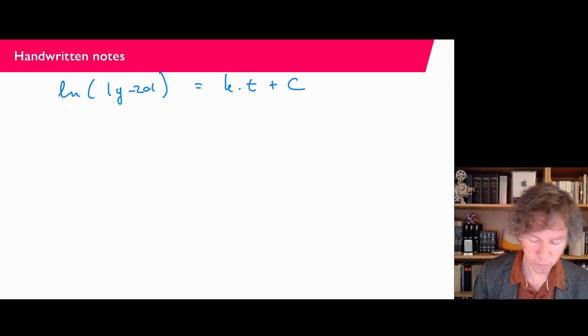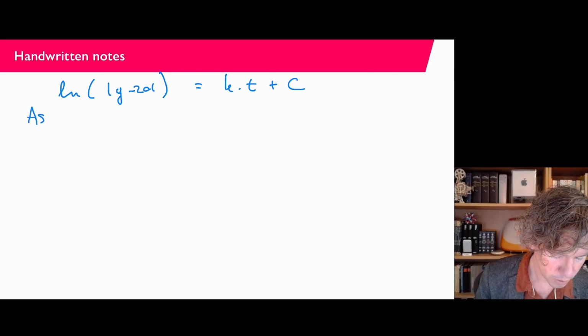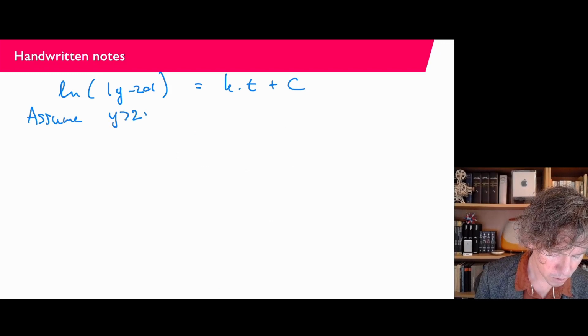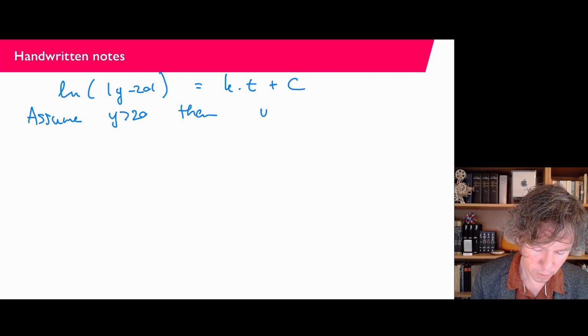I'm going to assume that y is bigger than 20. So then I find that y minus 20 is e to the power kt plus c.